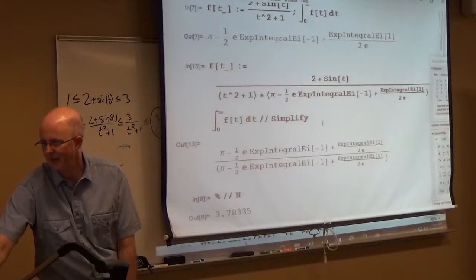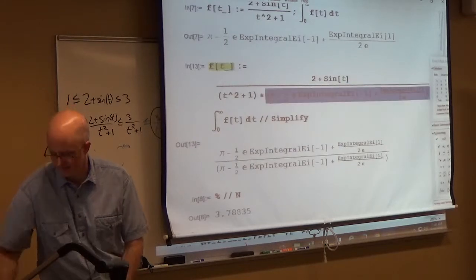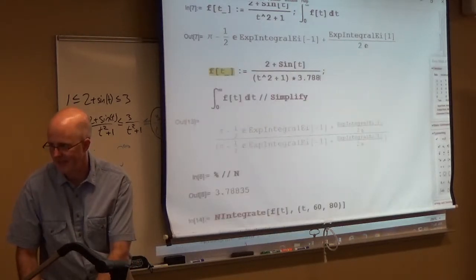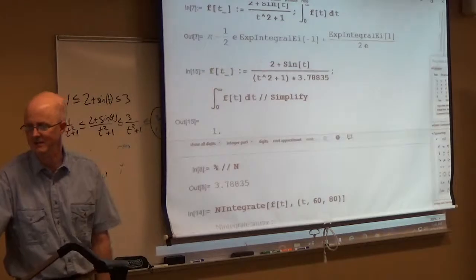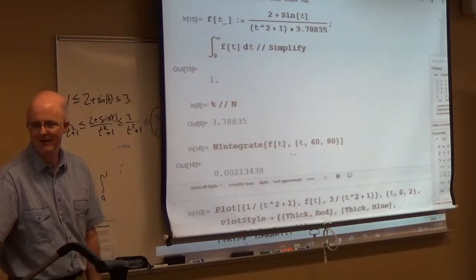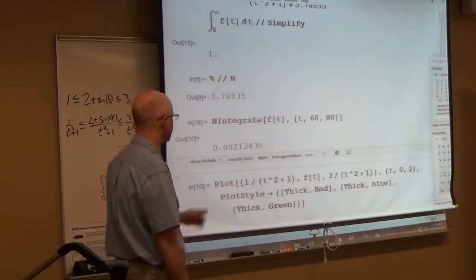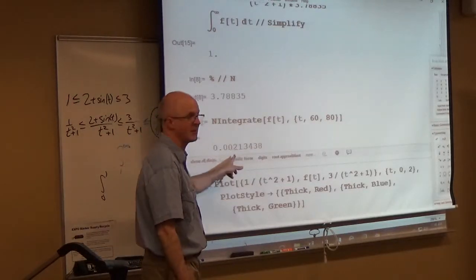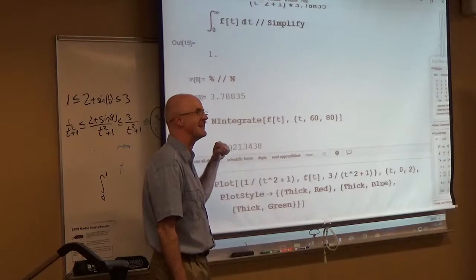Did it not like my copying and pasting, maybe? Oh, fine. 3.78835, but that's only an approximation. Close enough? Okay, the probability according to this model that they're going to die between the ages of 60 and 80 is less than 1%, about 1/5 of 1%. Not accurate.